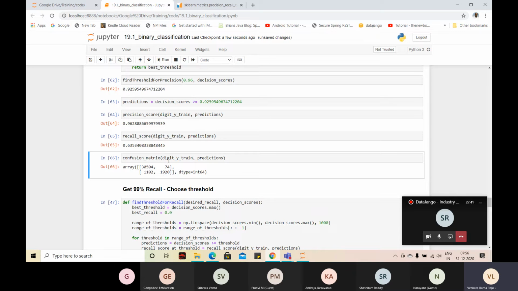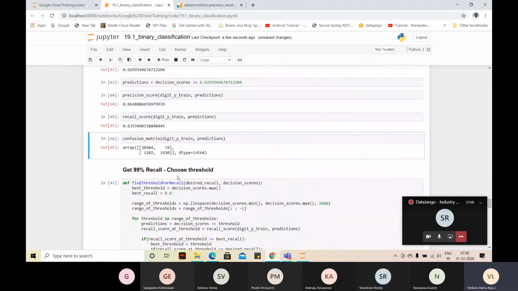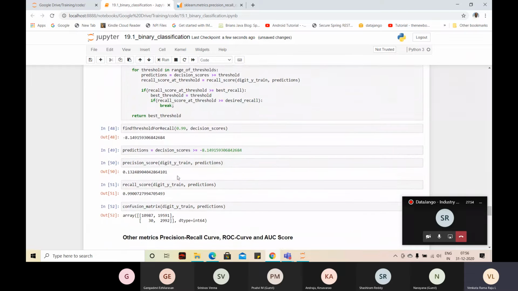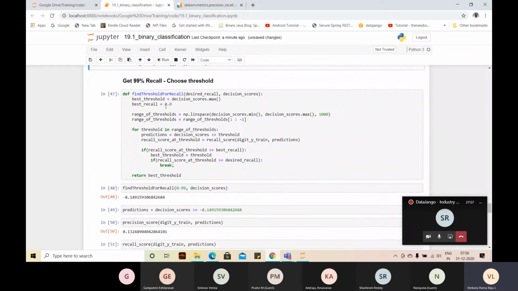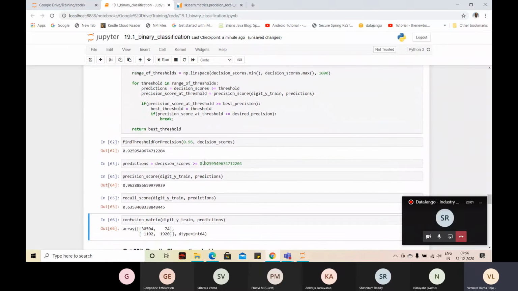But if you look at the positive predictions, only 74 are wrong out of total positive predictions. Got it? We can take control over the model like this. By playing with the threshold, you can take control over the model. So I played with recall also. Any questions here? Good. Can I move on?